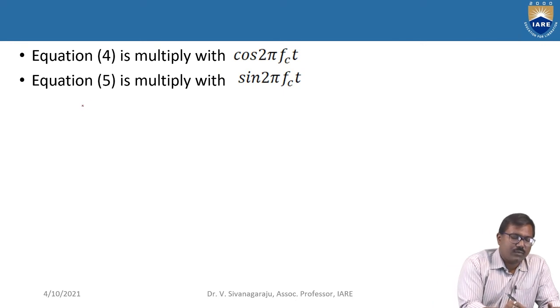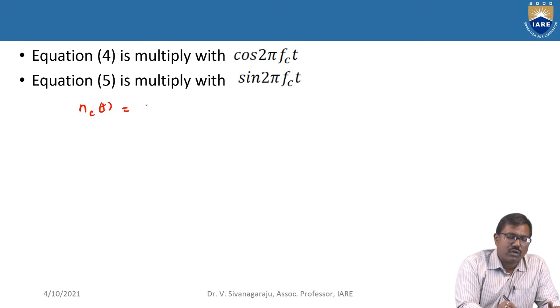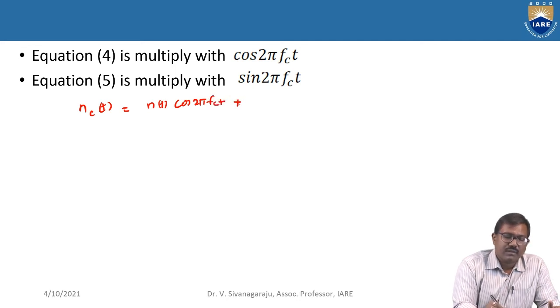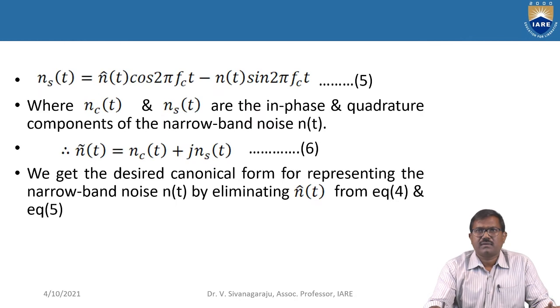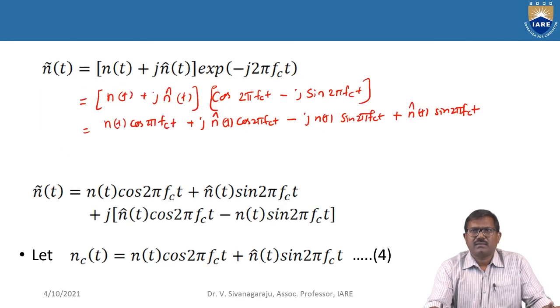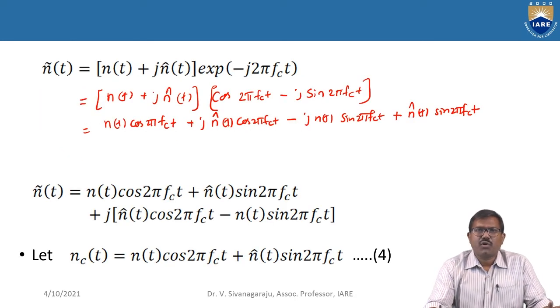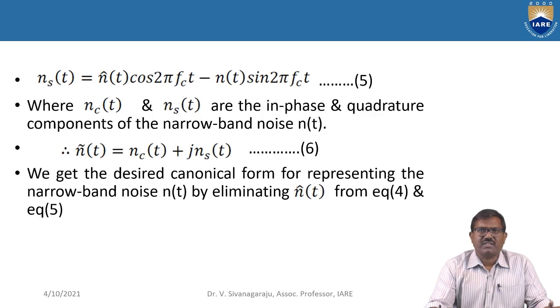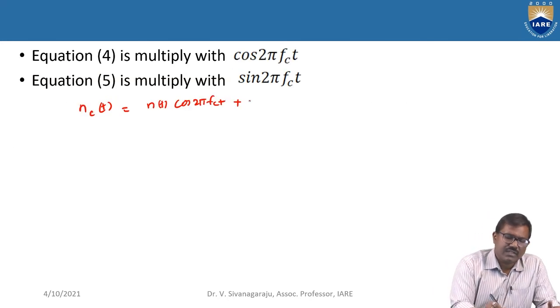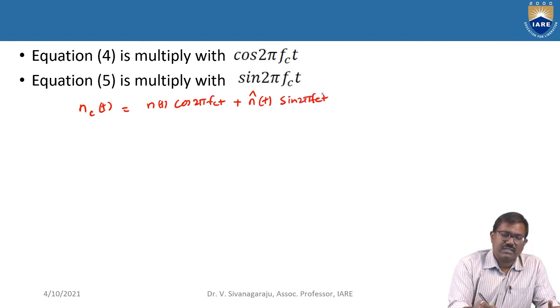So here I am writing equation 4, nc of t, which is equal to n of t cos 2 pi f c t plus n cap of t sin 2 pi f c t.